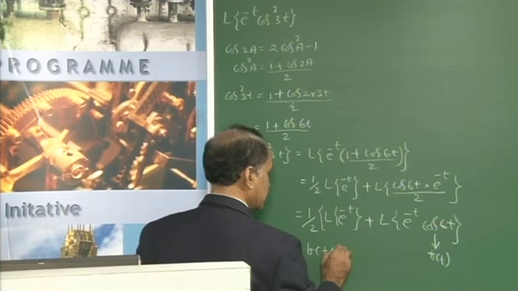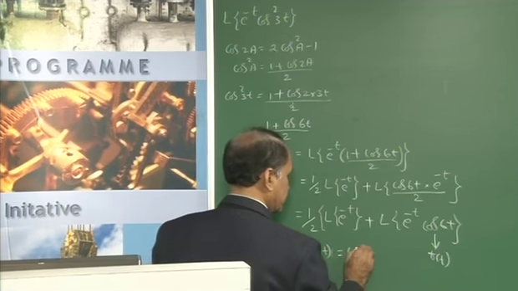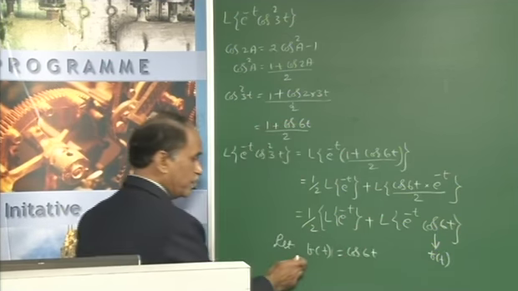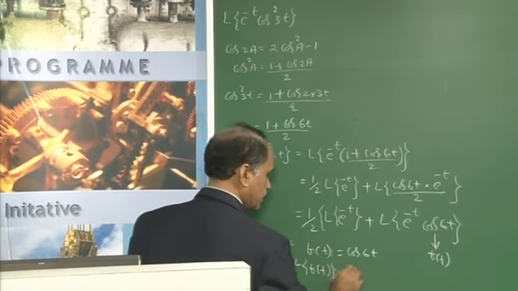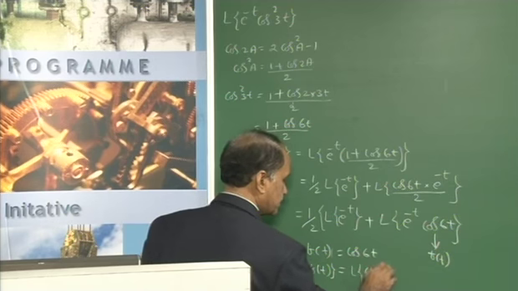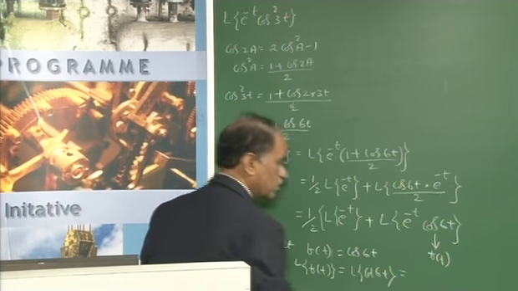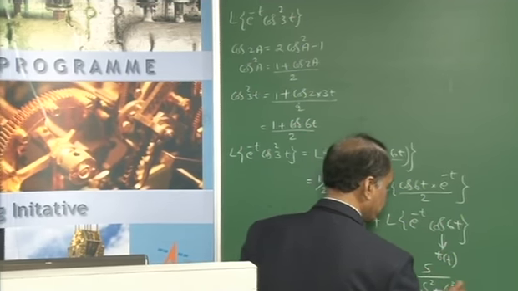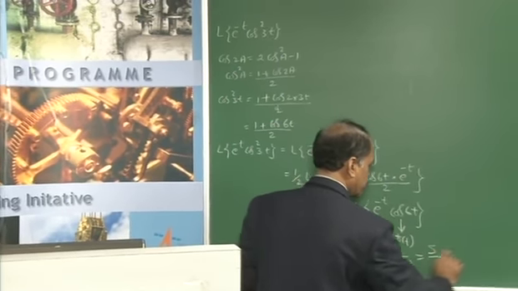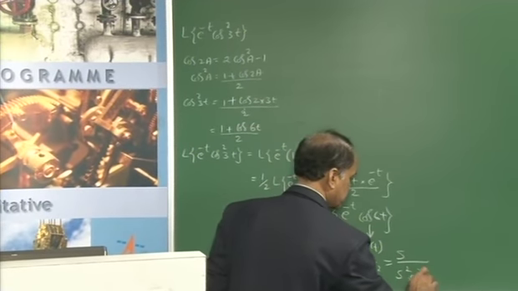Then applying Laplace on both sides, L of f of t is equal to L of cos of 6t, which is equal to s divided by s square plus 6 square, that becomes s divided by s square plus 36.